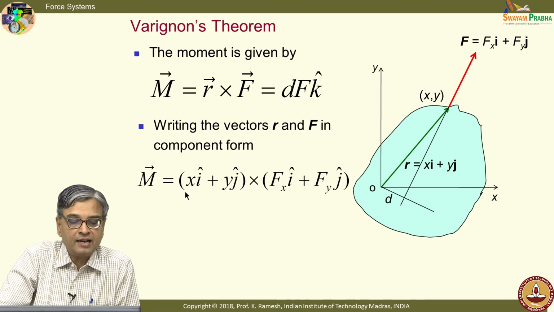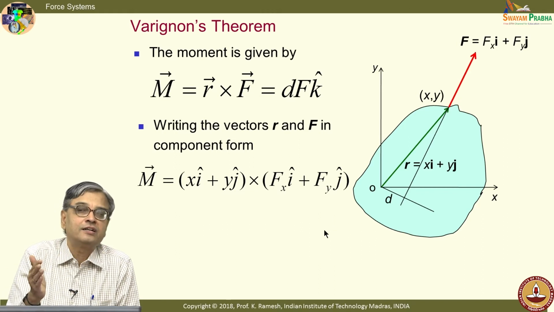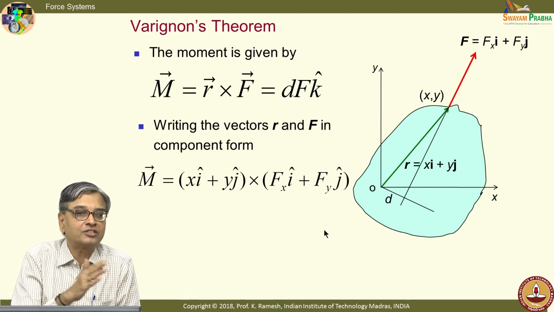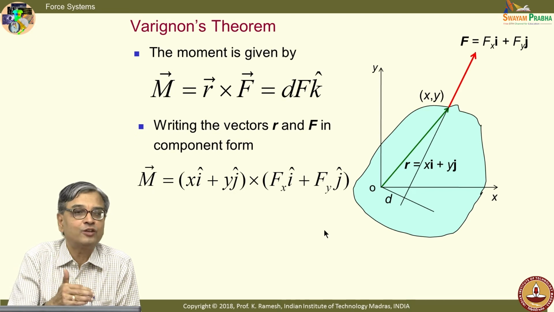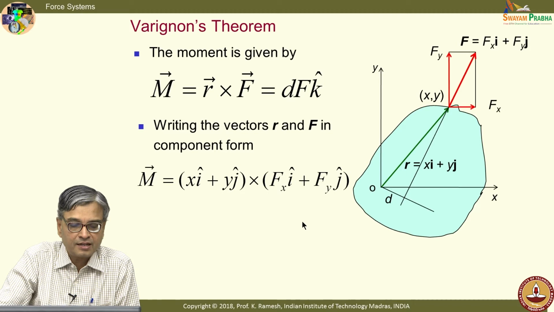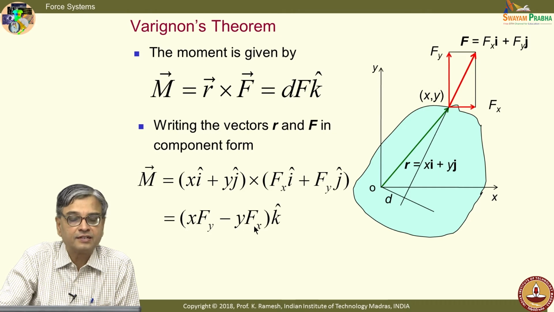So, I write r as x i plus y j cross Fx i plus Fy j, and you have to go back to the product rule. i cross i is 0, i cross j is k, j cross i is minus k. When you do all this, I can simplify this as x Fy minus y Fx into k.